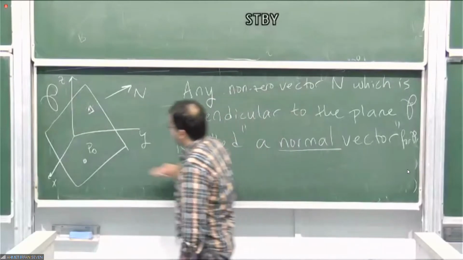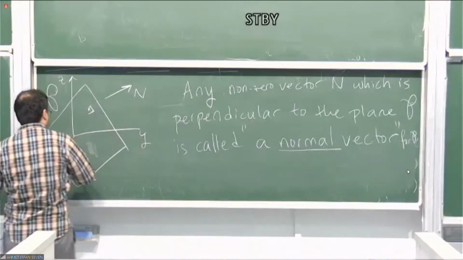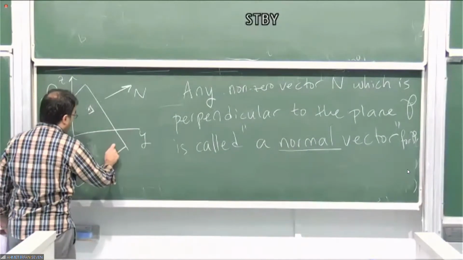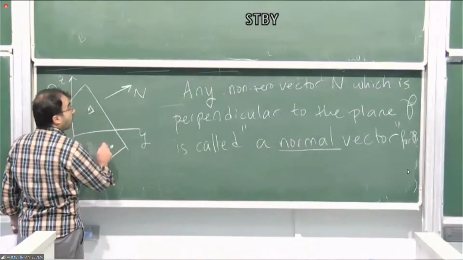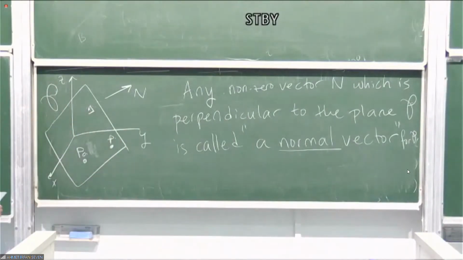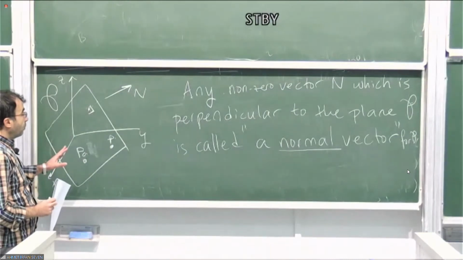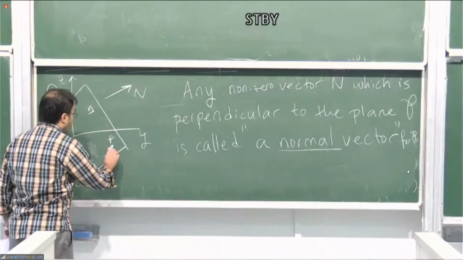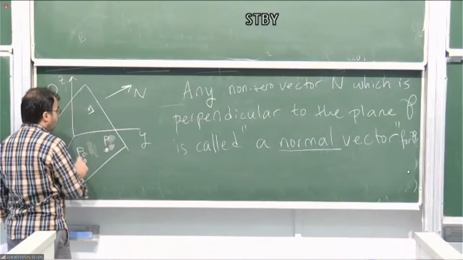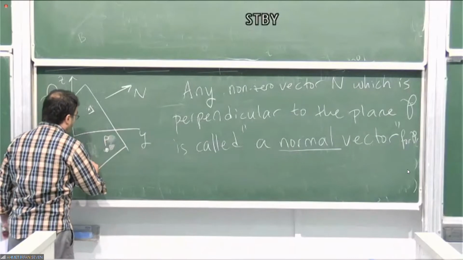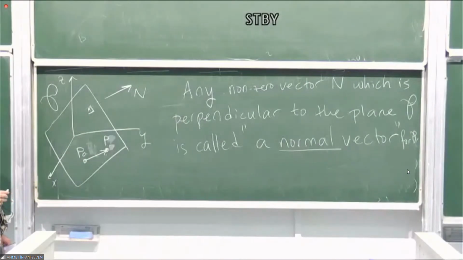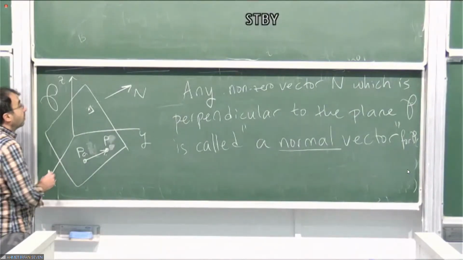Again, let's look at this picture. So this is the point P0. And again, let's consider a typical point P. Writing an equation means describing the general points P on the plane. So I'm going to describe now a general point P. How can I describe it? For this, let's consider this vector P0P.